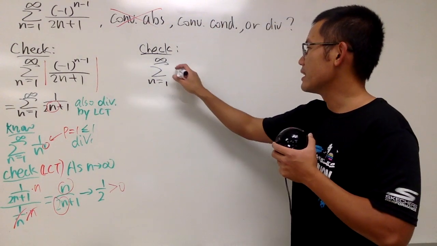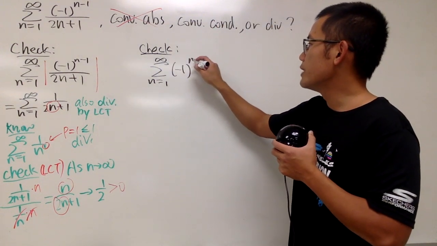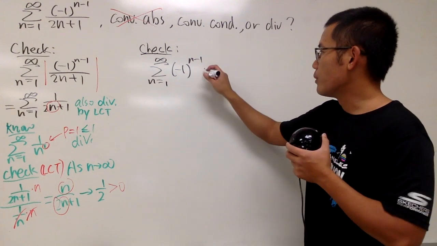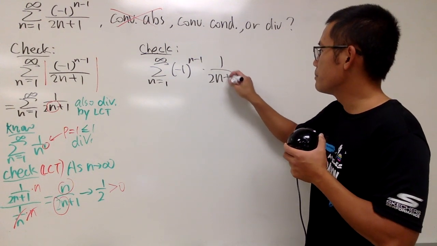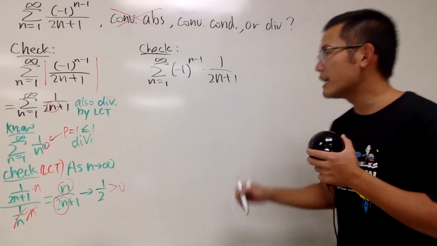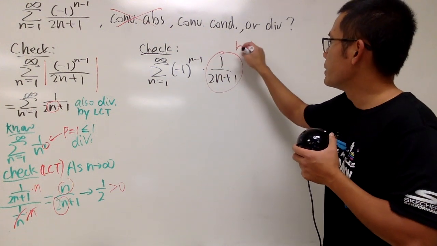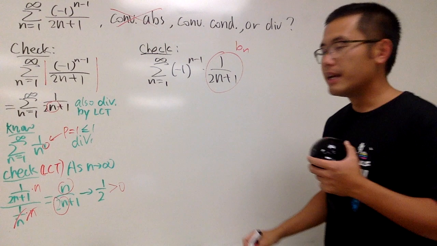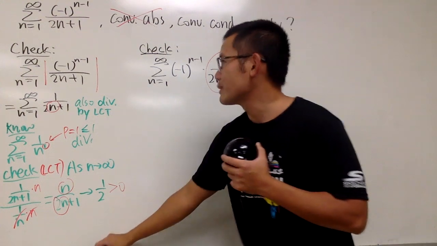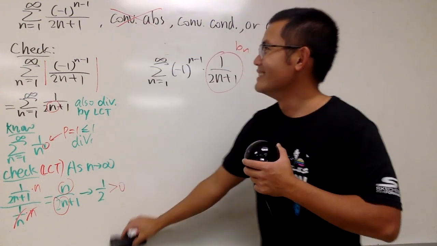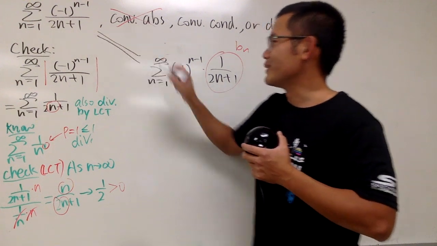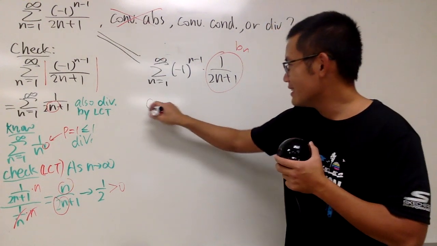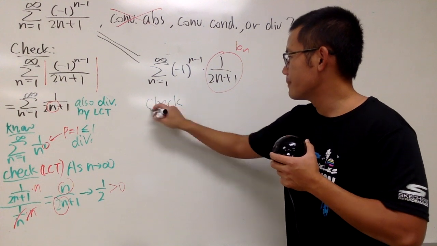Let's just put it on the side like this. (-1) raised to the n minus 1 power, and now multiply by 1 over 2n plus 1. And the reason I want to do that is because this right here will be our b_n. And then perhaps I should say the check right here because this is the same as that, right? So let's just put an equal sign right here. Anyway, here is the check for this.